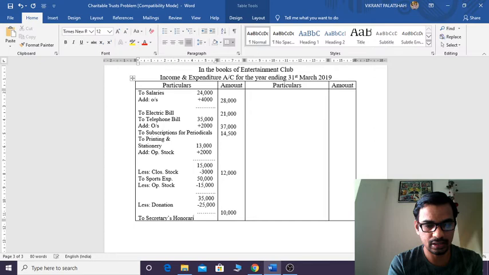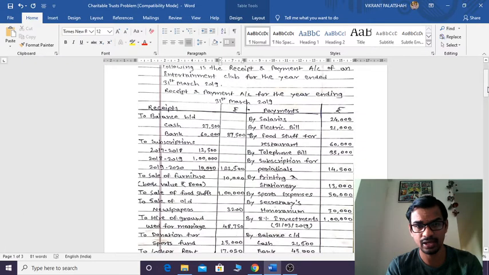Before that, now we have to refer the receipt side, and the effect of the receipt side we have to show under the income side, meaning the credit side of the income and expenditure account. First of all, balance brought down, that is the opening balance, is never transferred to the income and expenditure account. Then after that, the next one is the subscription. Now it is the most important adjustment.